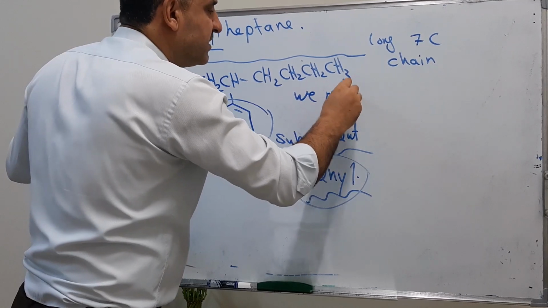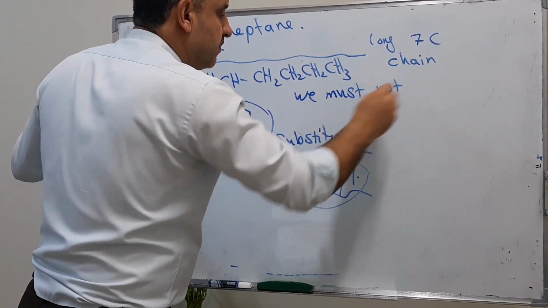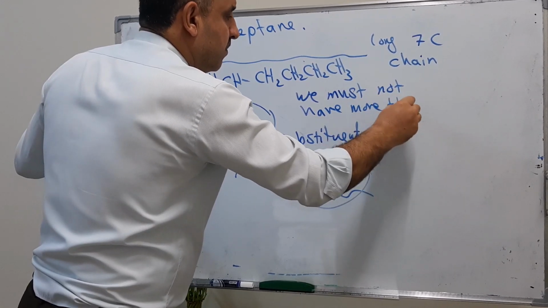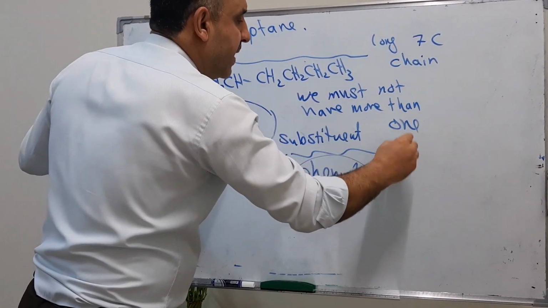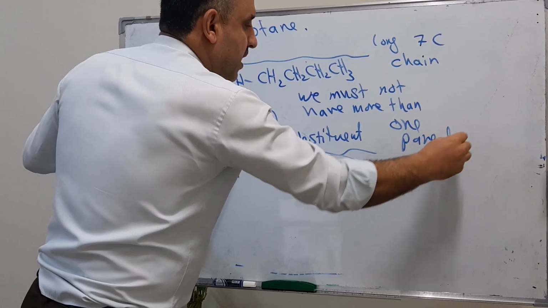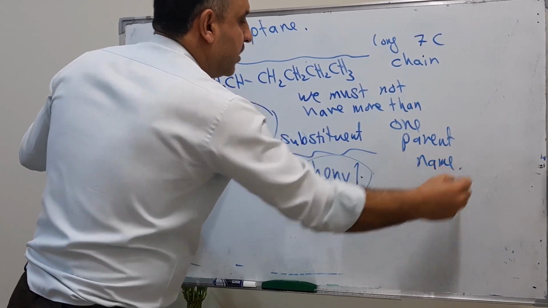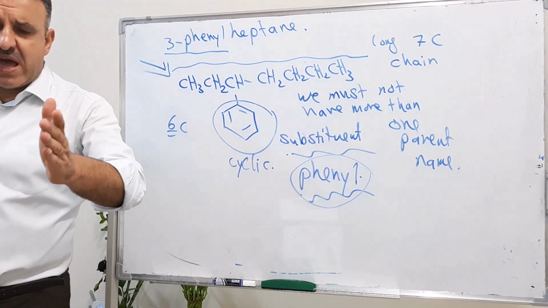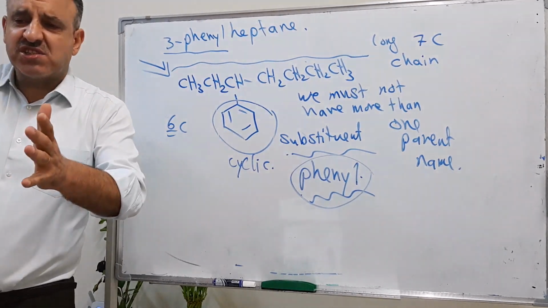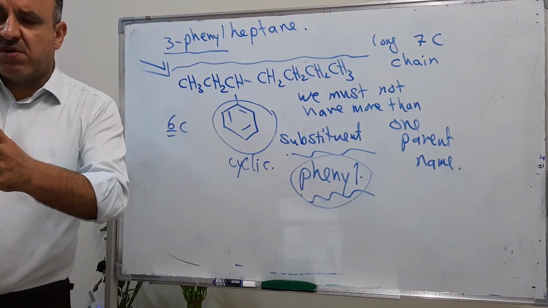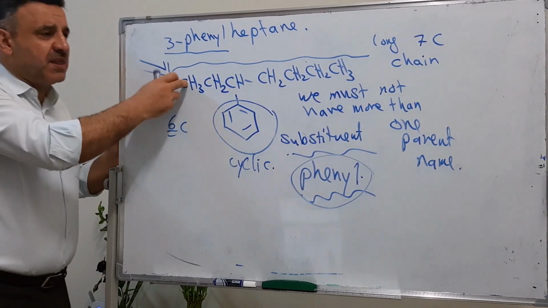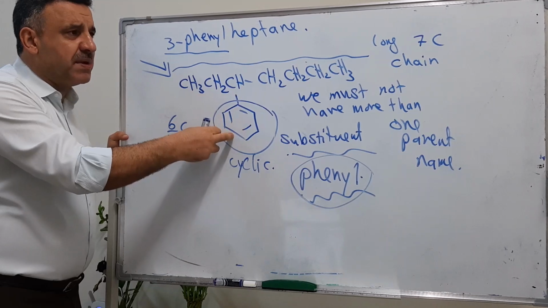we must not have more than one parent name. So in any compound, there is only one parent name, and the rest are just substituents on this parent name. So in here, either this is the parent name or this is the parent name.